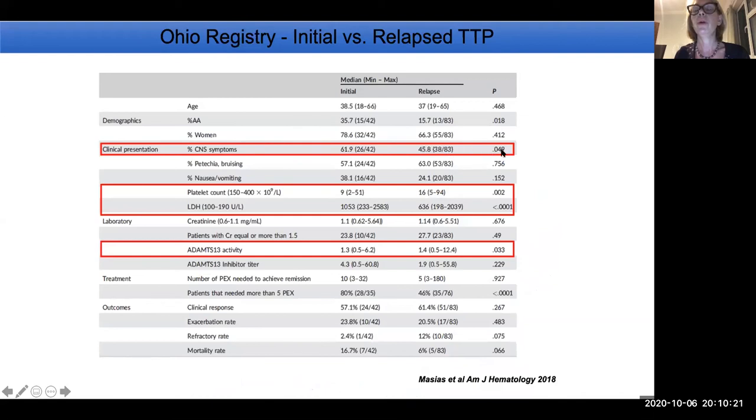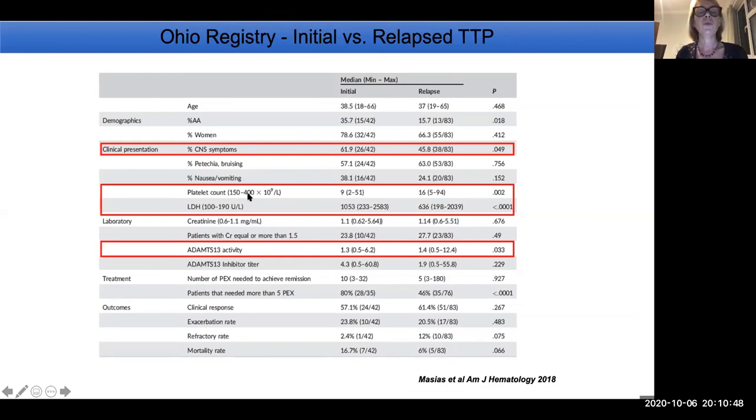There's not what we call a significant difference between whether you have an initial or a relapsed episode. And that's pretty similar for nausea and vomiting and petechiae and bruising. And as you can see here, only about 50 to 60% of patients, as the previous question that came up, actually have these little red dots and the bruising.